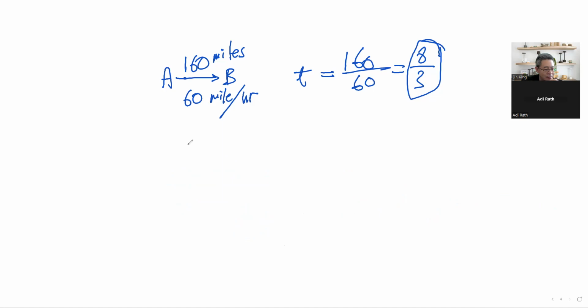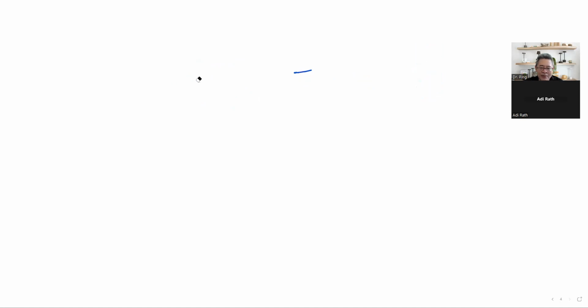All right. So there are other applications in real life when you're driving. It's how much gas you take, I mean, with how many gallons of gas you can drive how long, things like that.